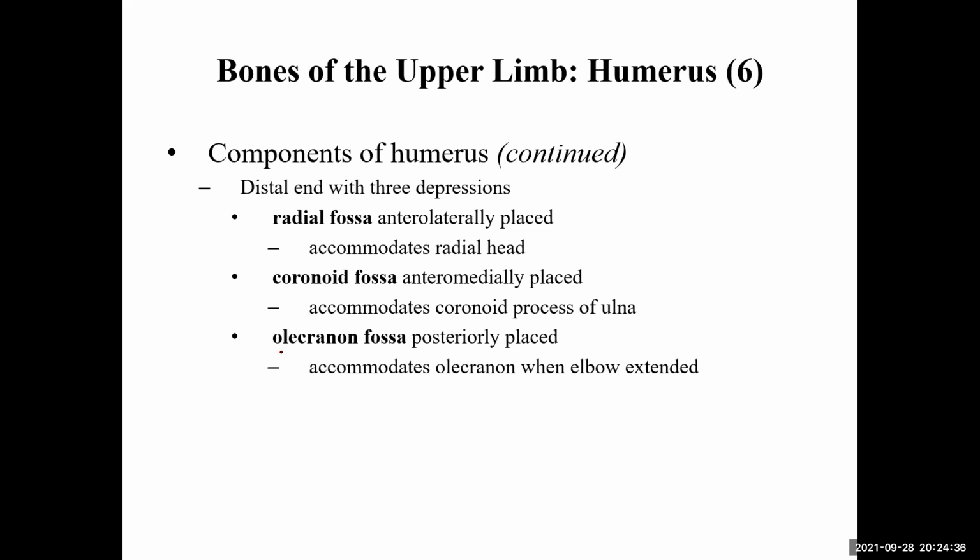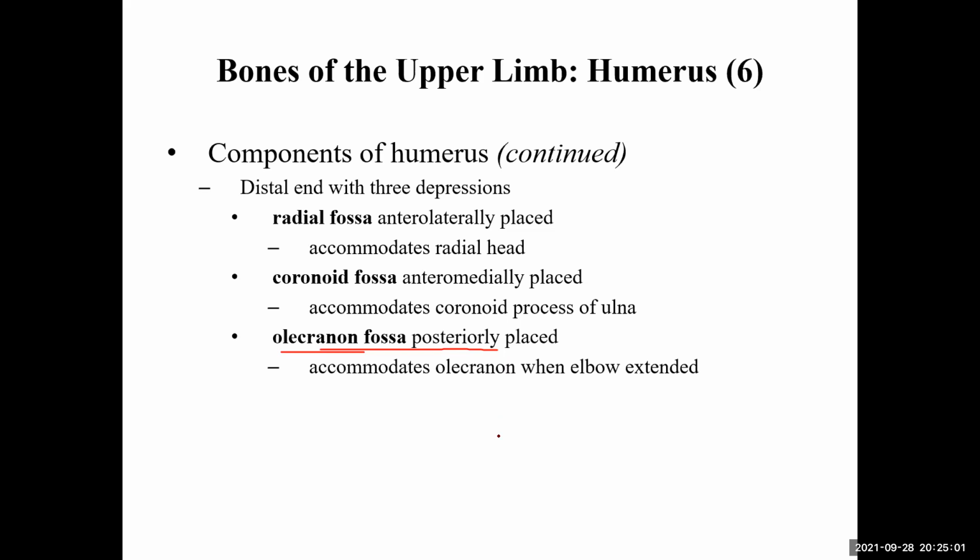That's the olecranon fossa, and it is on the back side of your humerus. When you extend your elbow, when you straighten it all the way out, part of your ulna, which is one of the bones in your forearm, is going to enter into this fossa.